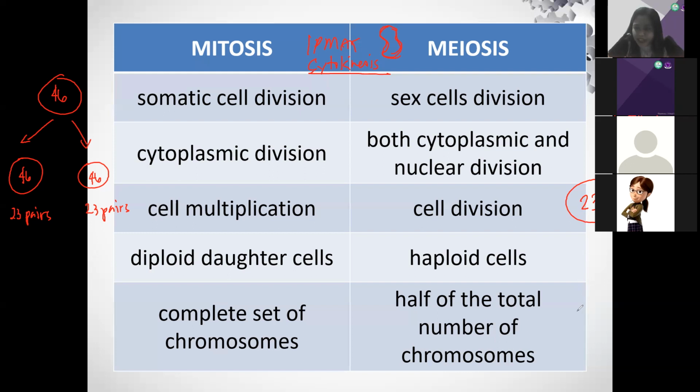So kapag there is fertilization, if this is the egg, this is the sperm, this one contains 23 na chromosomes. This will also contain 23 chromosomes. So pag mag-fertilize yan, this will have a total of 46 chromosomes.